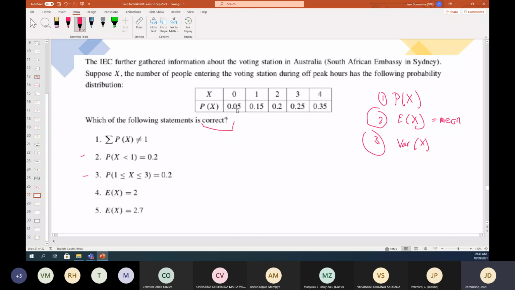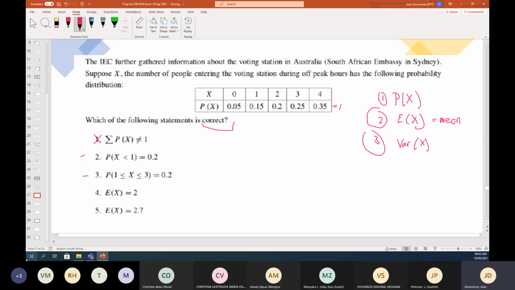So 0.05 plus that, plus that, plus that, all of that needs to equal 1. So the sum of the probabilities must be equal to 1, so that one is incorrect. What can also happen is that in your exam, one of these values, the 0.35, could have been left out, but you first need to complete that and then work with the rest.